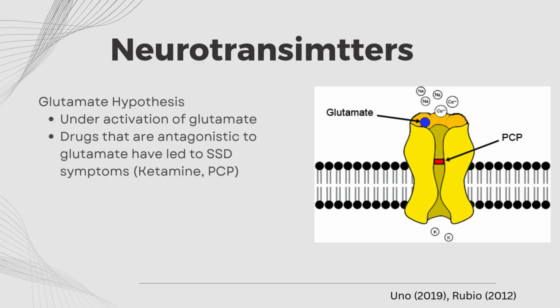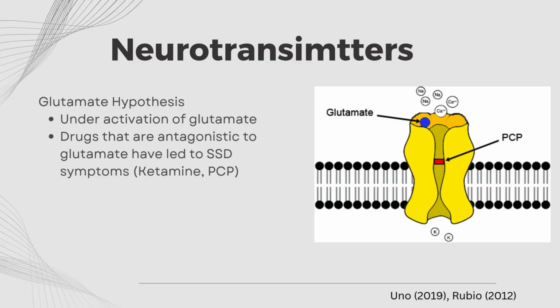They found that drugs that are antagonistic to glutamate, or prevent its expression, have led to schizophrenic symptoms; the drugs they've looked at are ketamine and PCP. This picture on the right shows PCP preventing this neuron from firing, as it's an antagonist to glutamate.